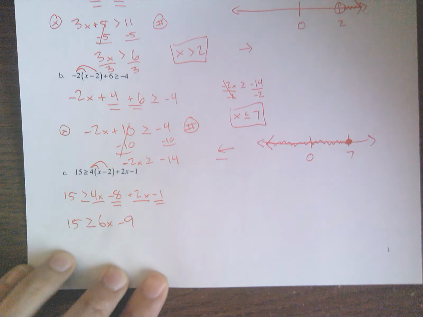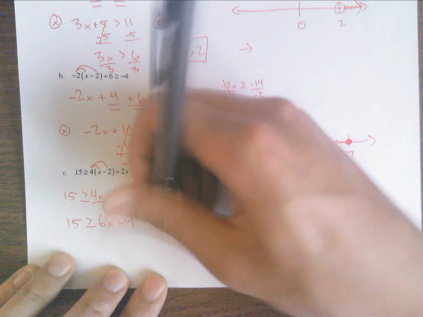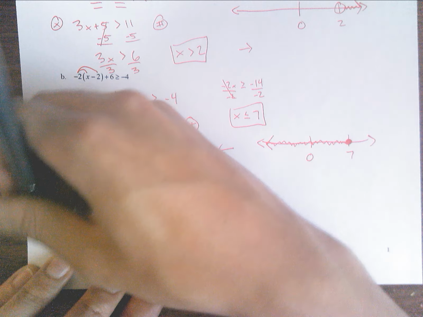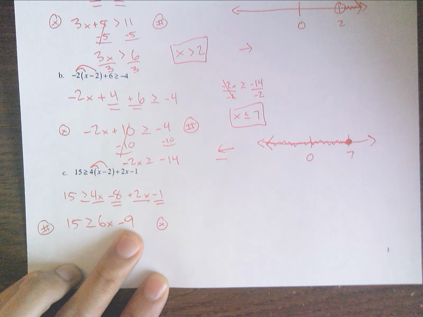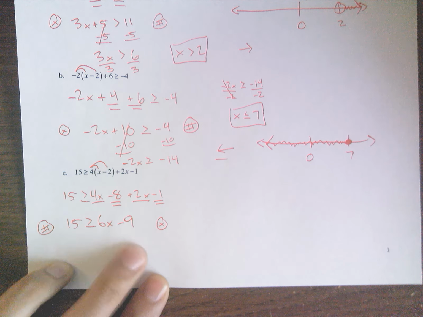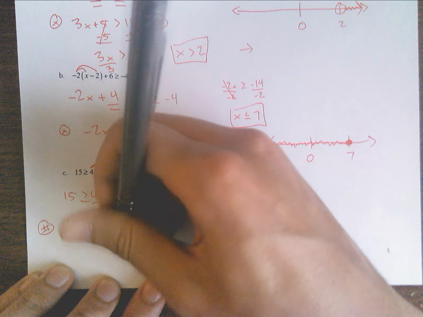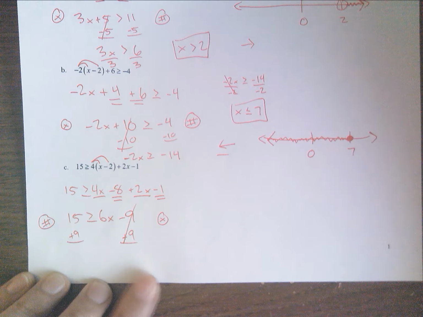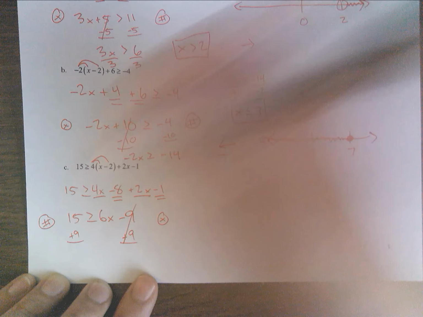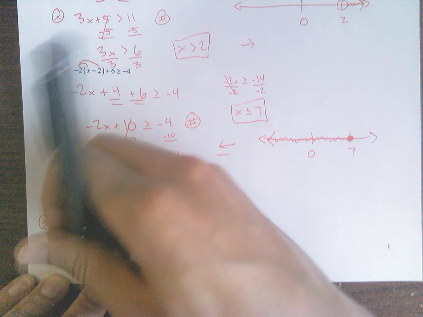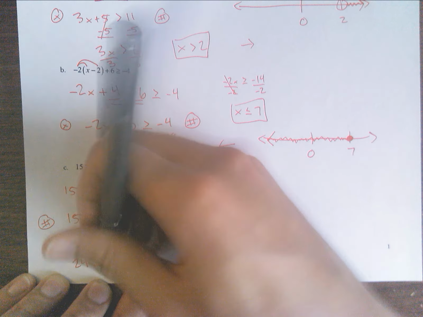Let's say our variables on our right-hand side, because we've already got them on the right-hand side. So then our numbers on the left-hand side. So we got to move this negative 9, this minus 9, to the other side. So in order to move that, we got to add 9. So we have 15 plus 9 is 24, is greater than or equal to 6x.